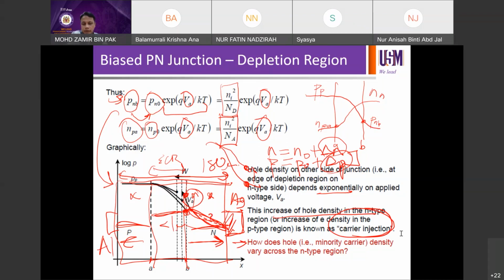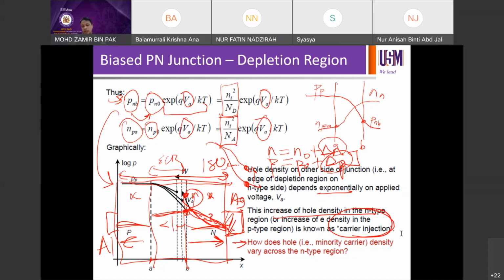The barrier height reduces, and therefore what happens? As a result, we should expect further diffusion of carriers from both sides into both sides.